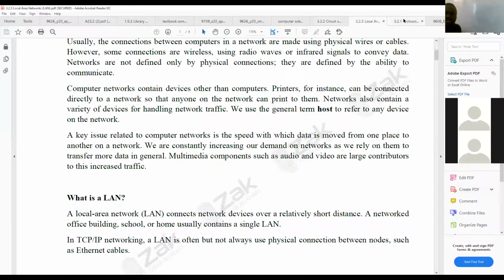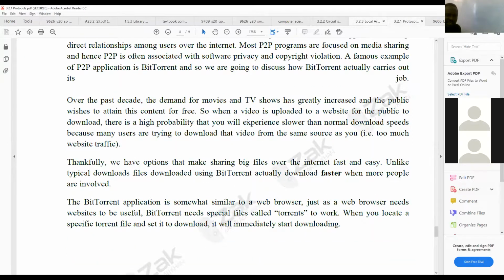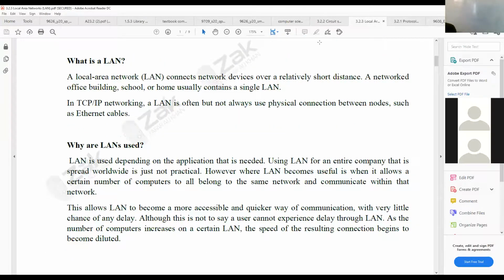Now, another thing we talk about in this topic is the way local area networks work, then network topologies. So let's begin with the way local area networks work. What's a local area network?